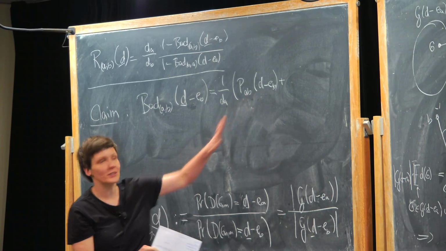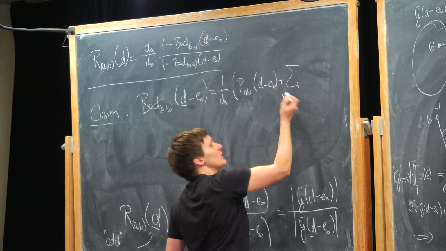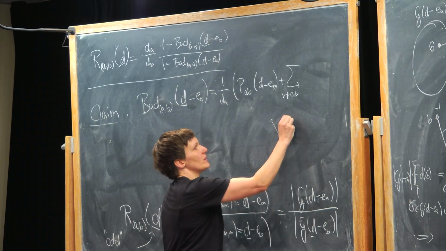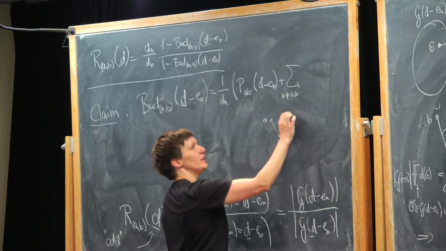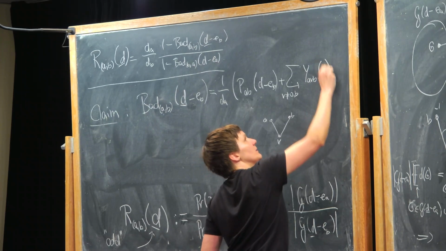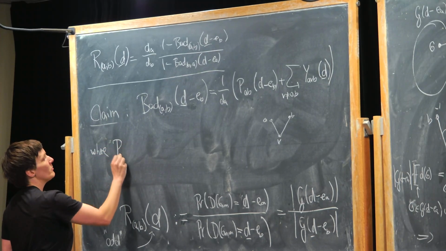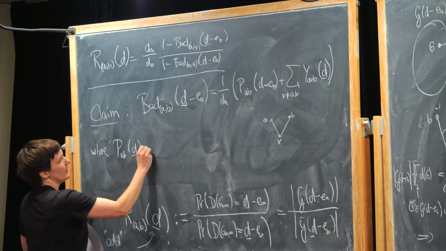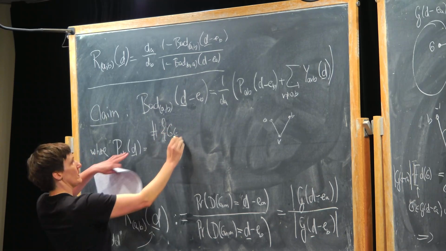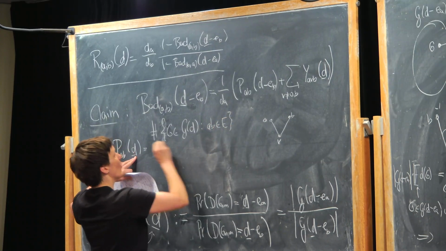So let me write it. The sum over all V, which are not equal to A or B, and now I want to say the probability that I see both edges, AV and VB, and I will denote this by YAVB of D. Where PAB of D is the number of graphs in this degree sequence space where AB is an edge over all of them.